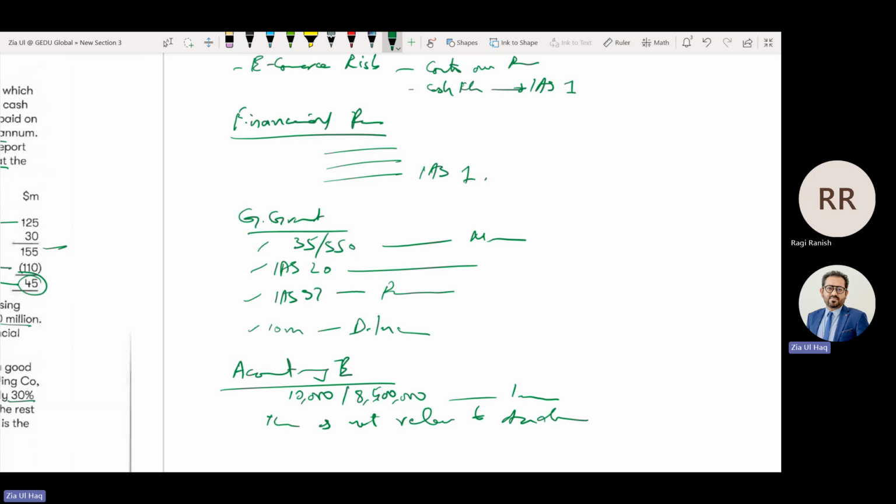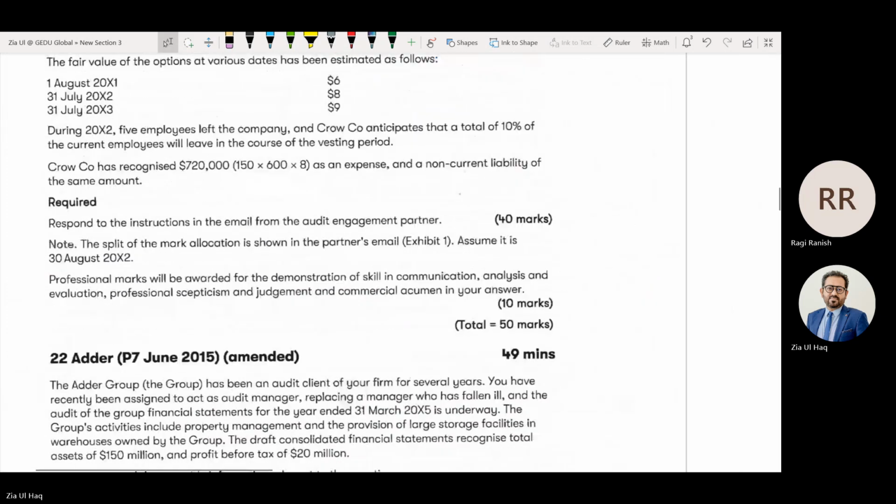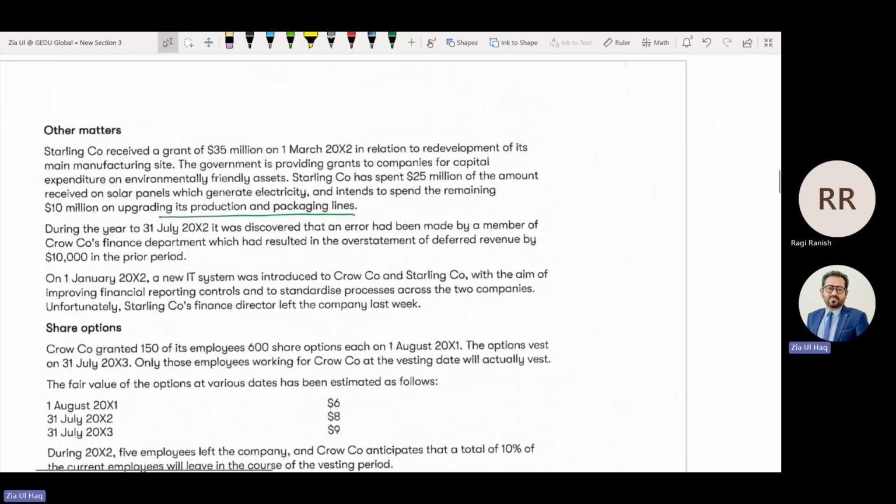This is why they have a separate requirement: identify any matter that is not relevant for audit planning in immaterial matters. If you have found one, you need to discuss it separately. Are you with me? Okay. So this we have done.